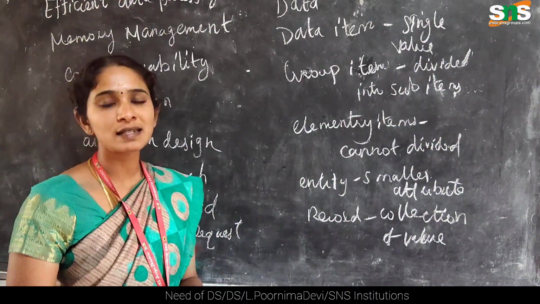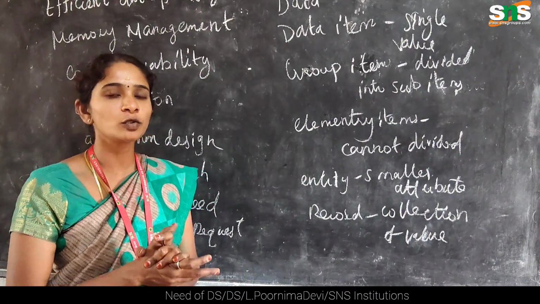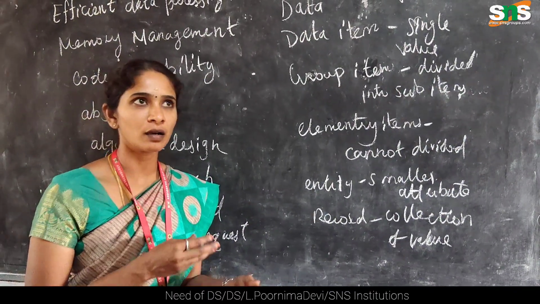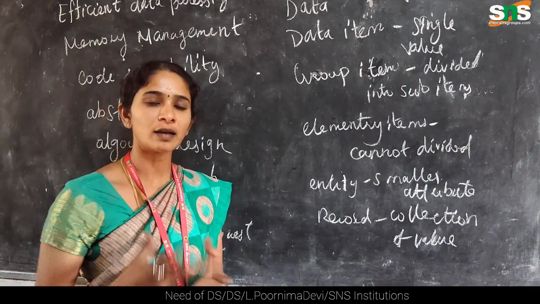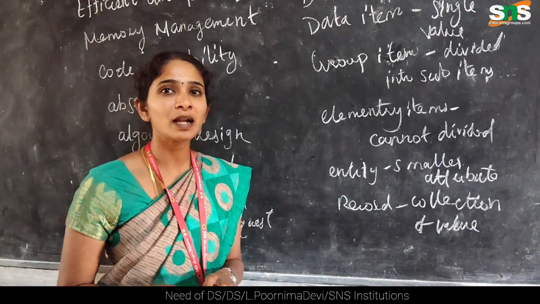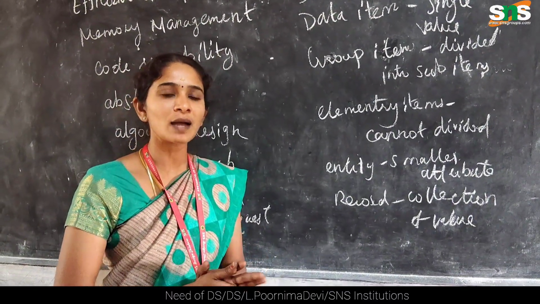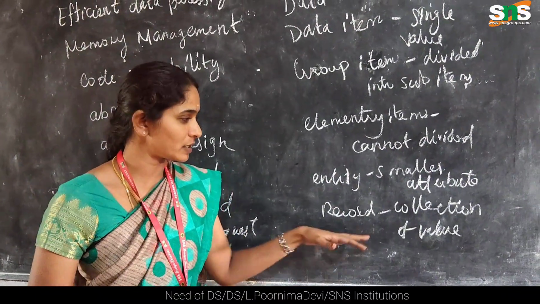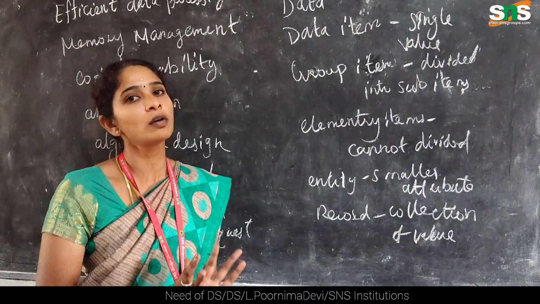A record is a collection of values. For example, in our lab we work out 10 or 12 programs, and we consolidate those programs into a single record for our end semester examination. That is a record, a collection of whole values.